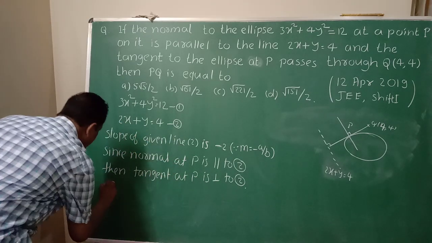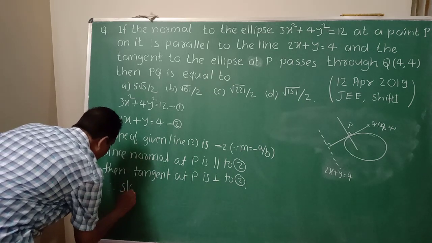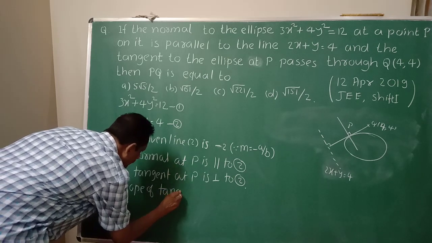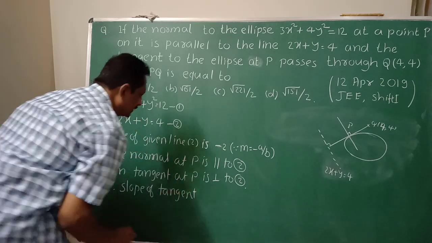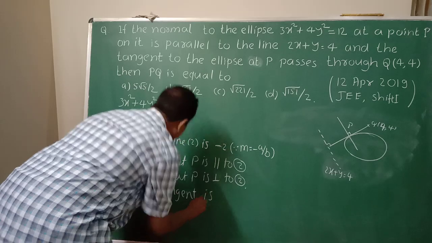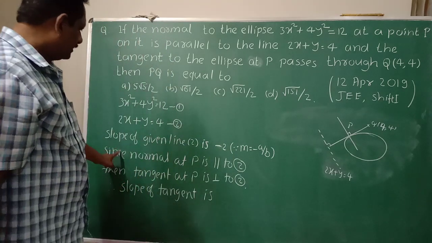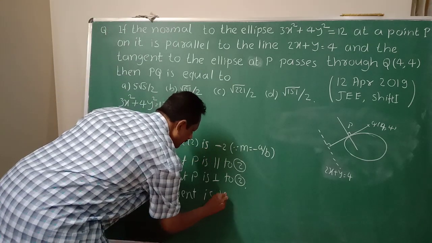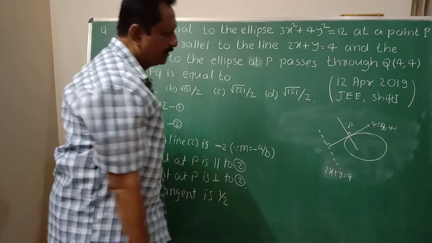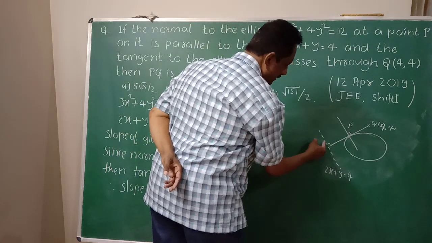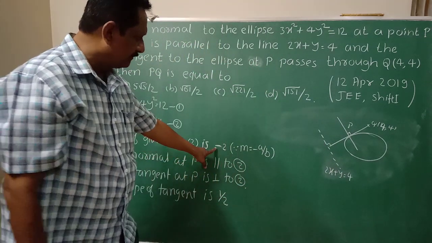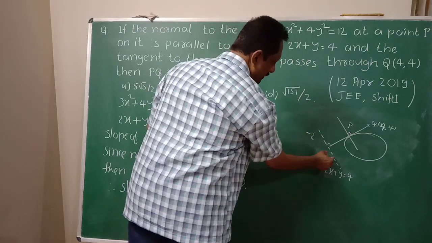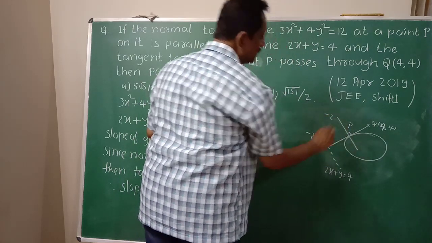Therefore the slope of the tangent, therefore the slope of the normal is minus 2 here, then the slope of the tangent should be what here? 1 upon 2, because the slope of this line is minus 2, therefore the slope of this normal is also minus 2.